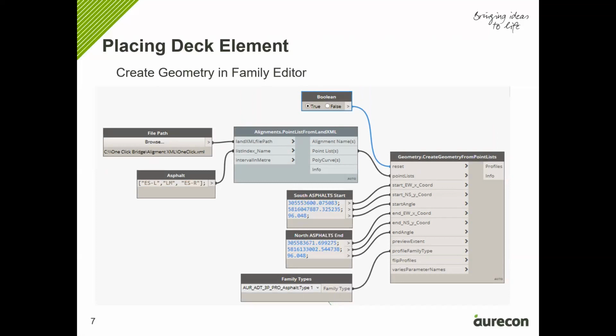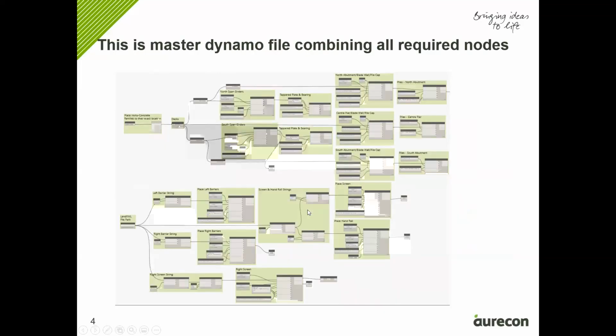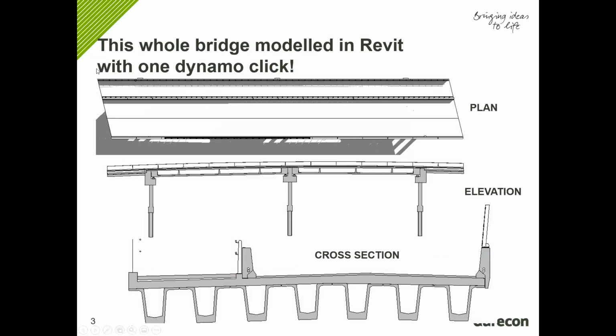He will specify the start and the end coordinate where you want to put your deck or your asphalt on site, so any coordinate along the edge, it will go back to the plan view, so it's easier. Like here, I know that my deck will be sitting here. So any point along that edge will be the starting point, X and Y, and the same here, X and Y, and also the angle here.